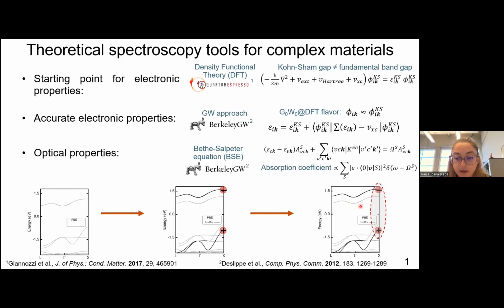And when I do that, I explicitly take into account the interactions between electron and holes in the material that I'm interested in. And by solving this equation, I get absorption spectra and absorption coefficients of the materials that I'm interested in.